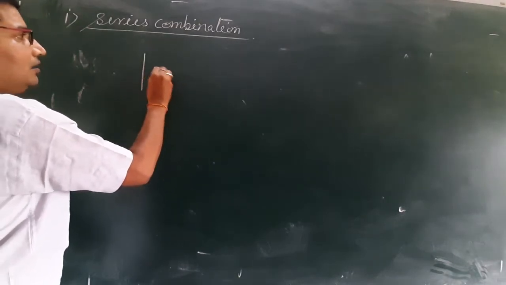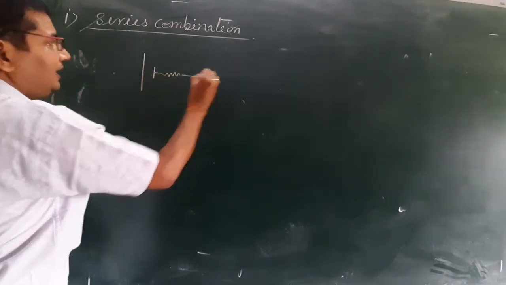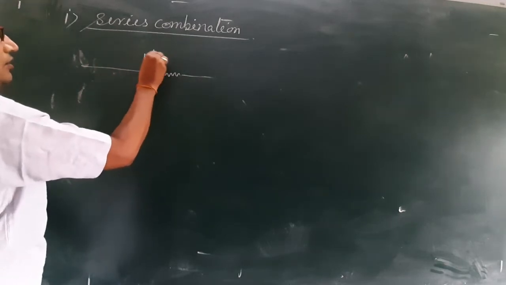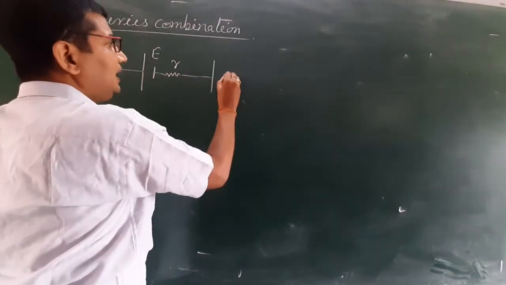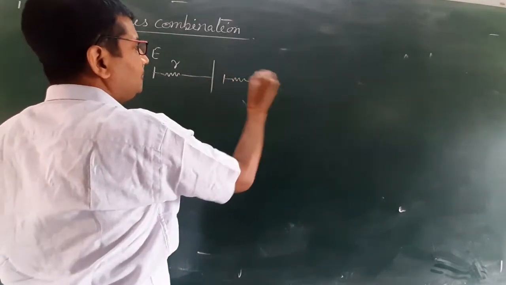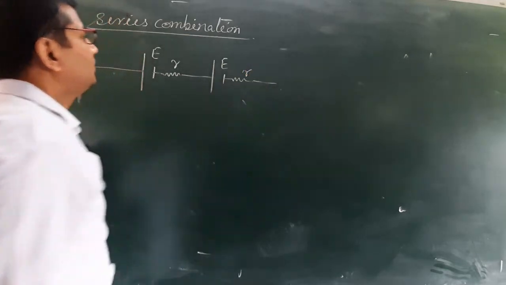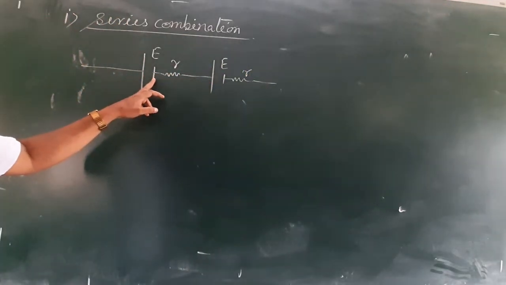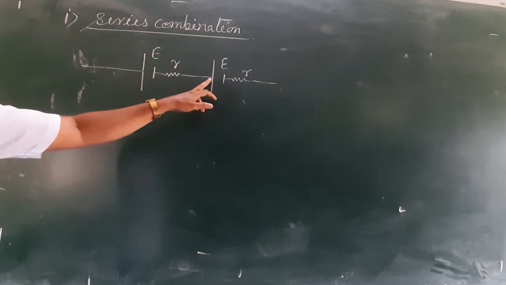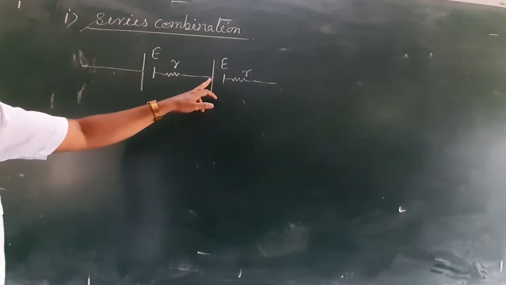I am taking n identical cells, each of EMF E and internal resistance small r. They are connected in series, as I am connecting the negative terminal of each cell to the positive terminal of the next cell.